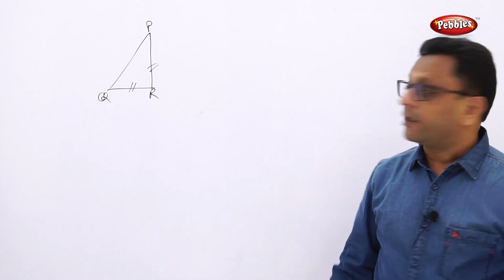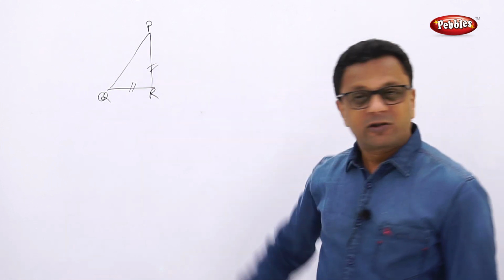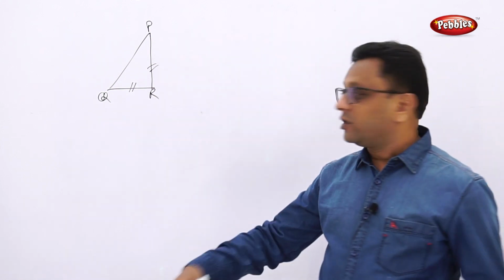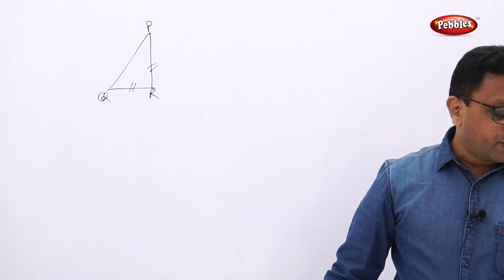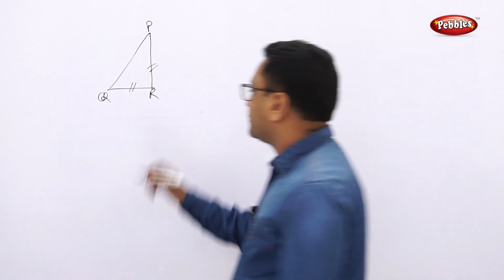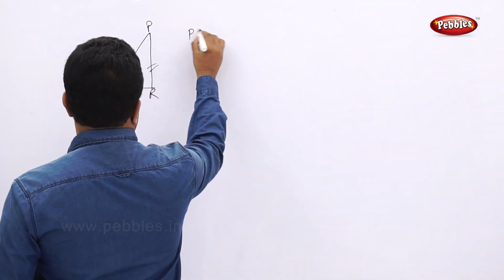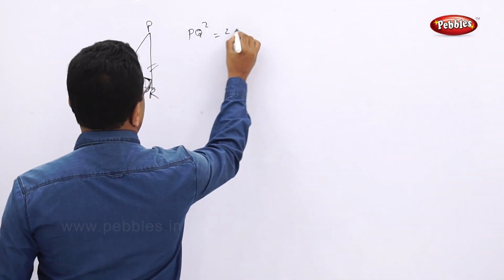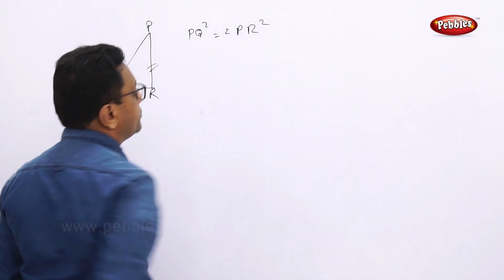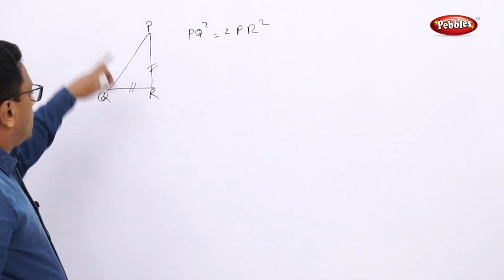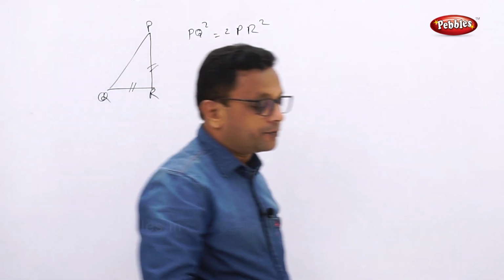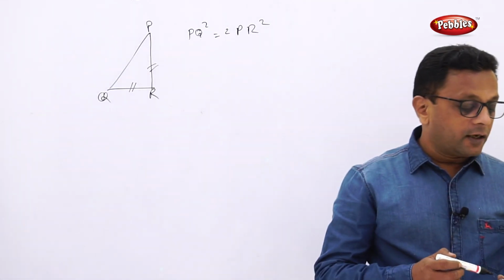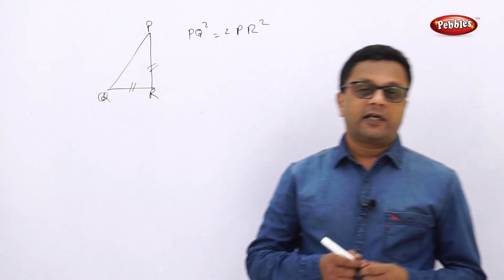It does not look like isosceles, but just consider this is an isosceles triangle. If PQ square is equal to 2PR square, then prove that triangle PQR is a right angle triangle.